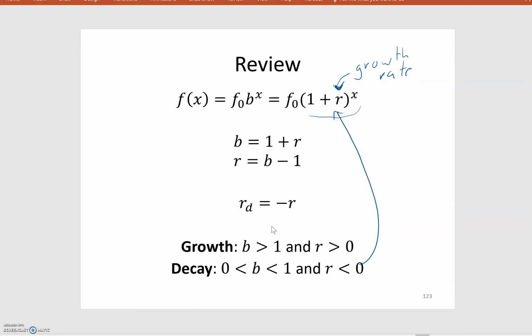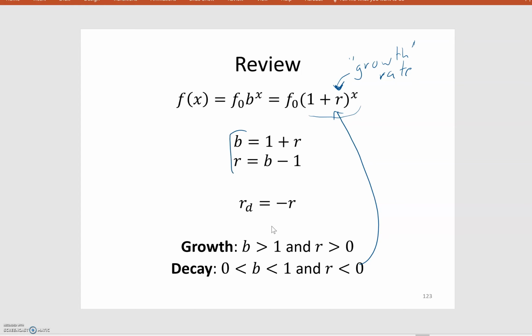So I'll put growth in quotation marks because growth rate just means the form. If it's actually growing, then r will be greater than 0. But if it's actually decaying, then r will be a negative value. And hence the factor will be larger than 1 or smaller than 1 accordingly.